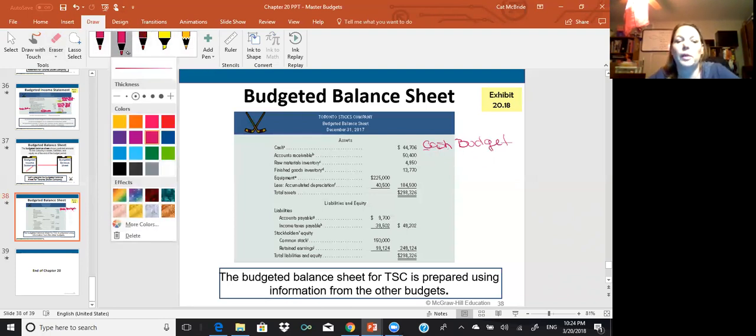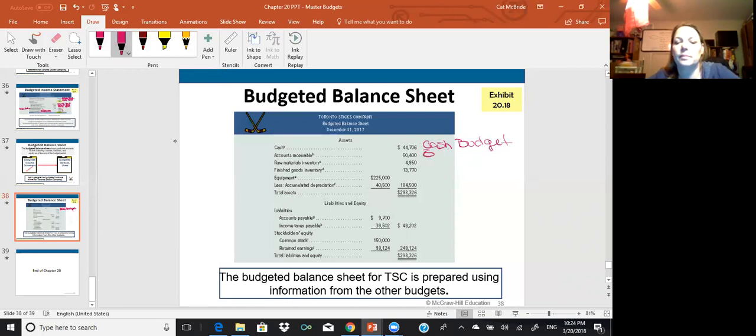Accounts receivable is sales budget, and accounts payable is purchases budget. And then our raw materials inventory is from our materials budget. Finished goods inventory is from our production budget.